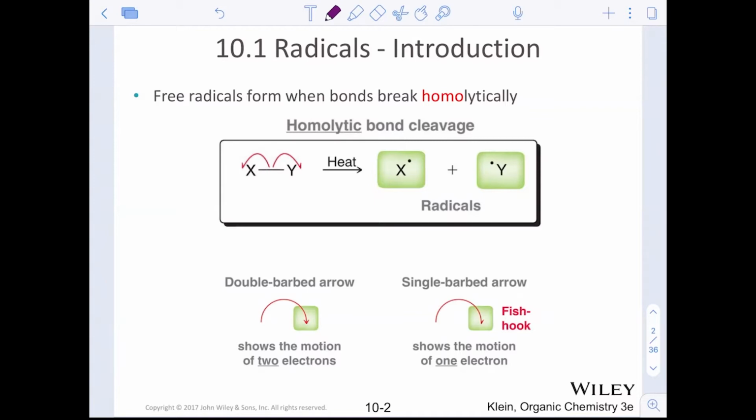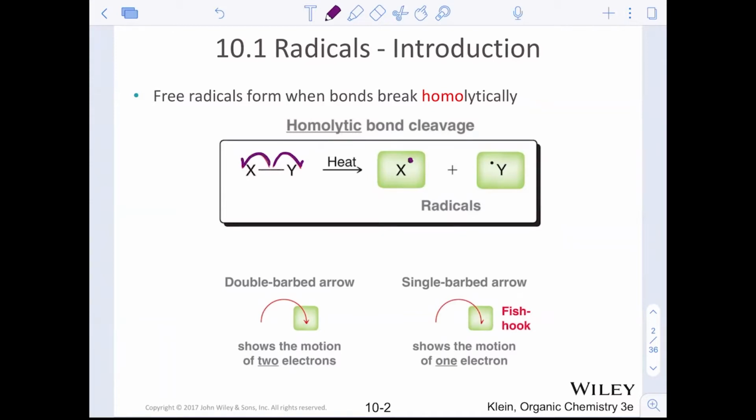Free radicals form when bonds break homolytically. And if we remember, what that meant was that there was a single barbed or fish hook arrow, and that's one electron moving at a time, one electron going to each atom.